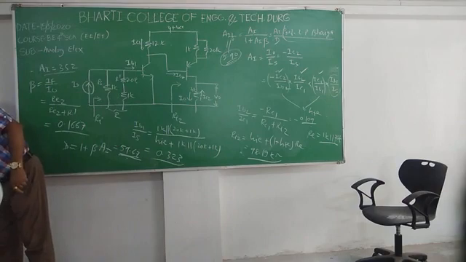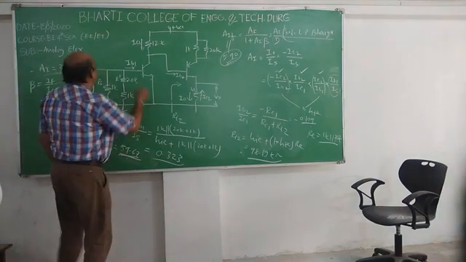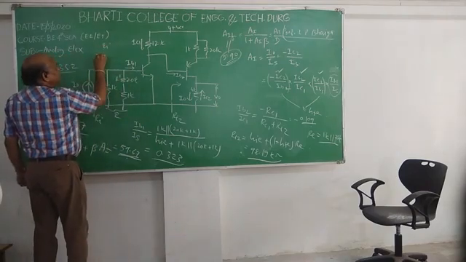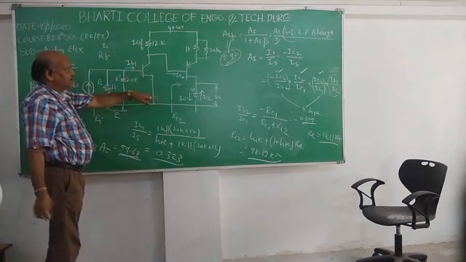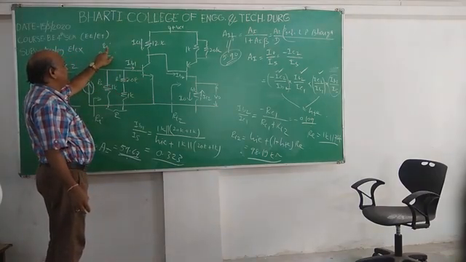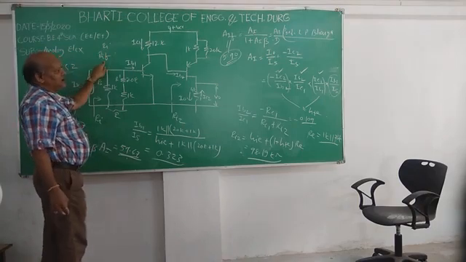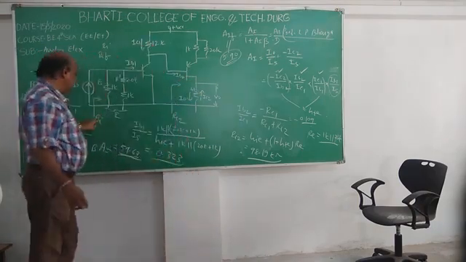Then calculate the value of Ri, and then calculate the value of RIF. It is in a similar fashion: 1 plus AI into beta, into Ri, will be equal to RIF. First you calculate the value of Ri here.